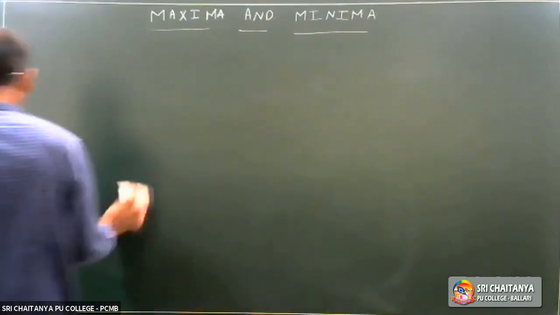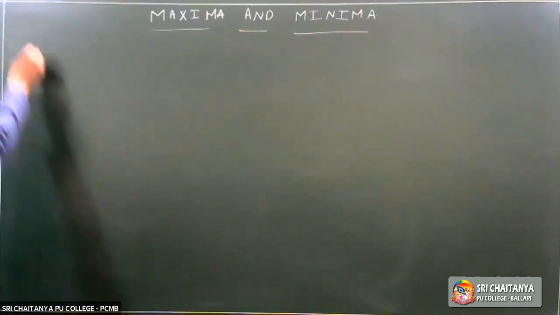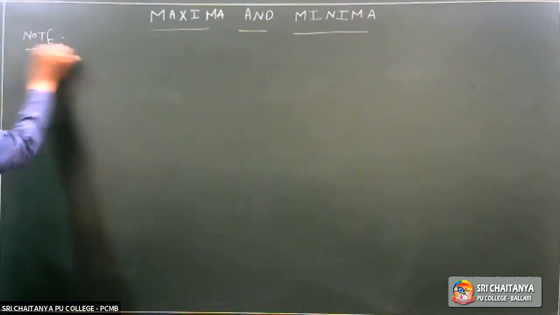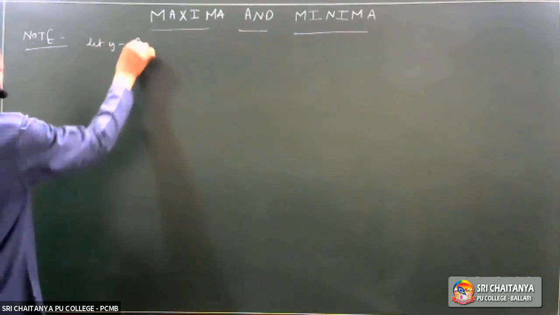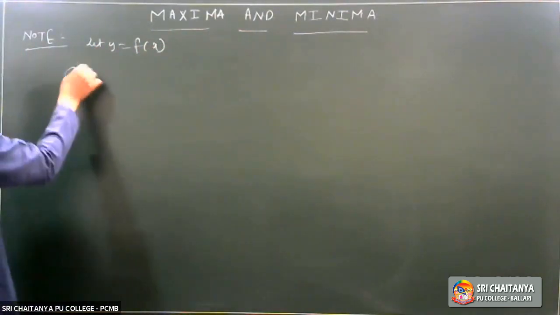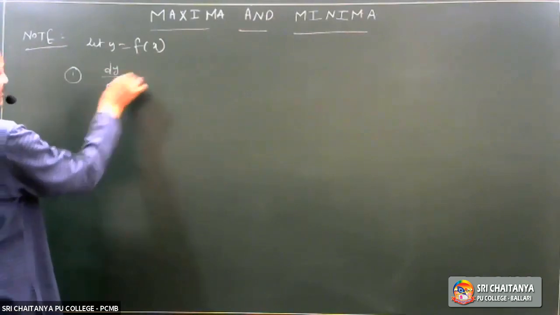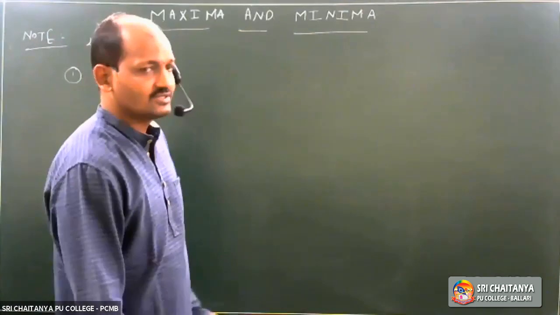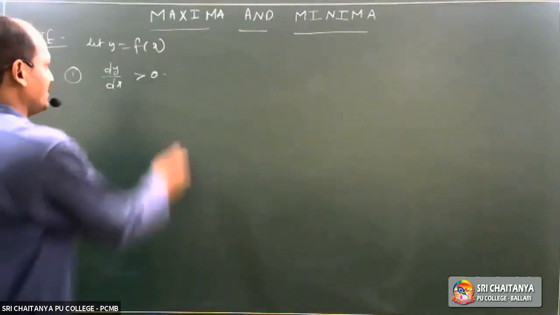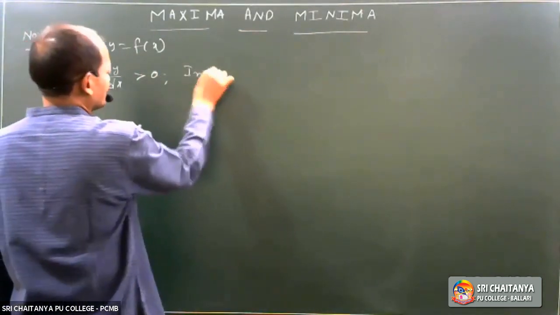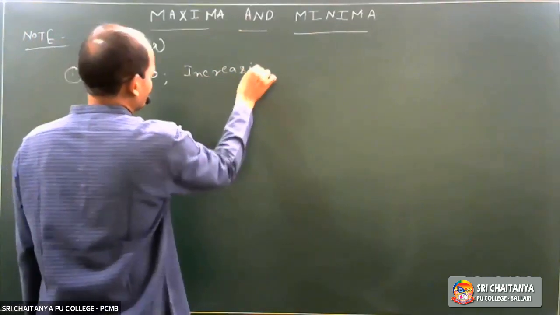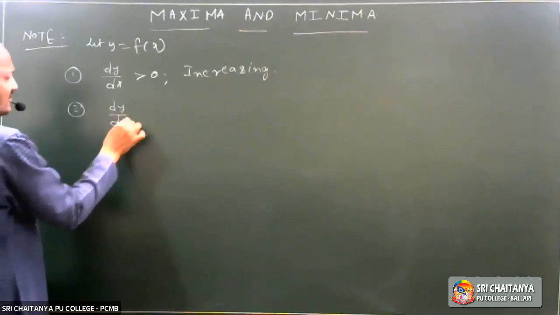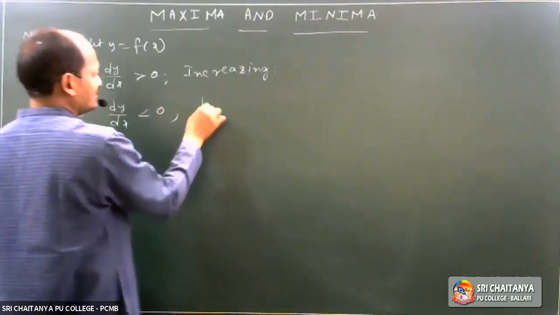Already you know that if y is equal to f of x, and the first derivative dy by dx is greater than 0, first derivative positive means the function is increasing. If the first derivative is less than 0, it is decreasing.